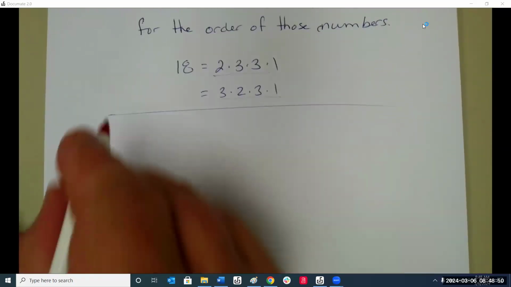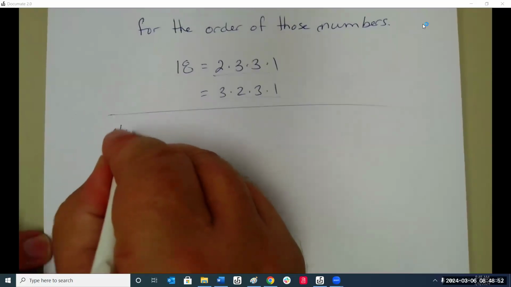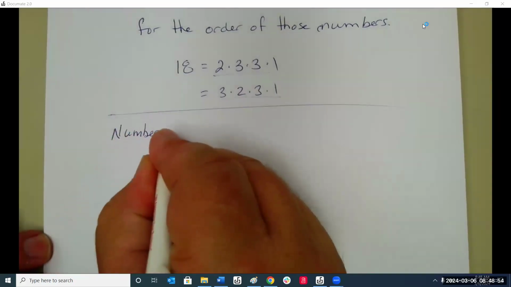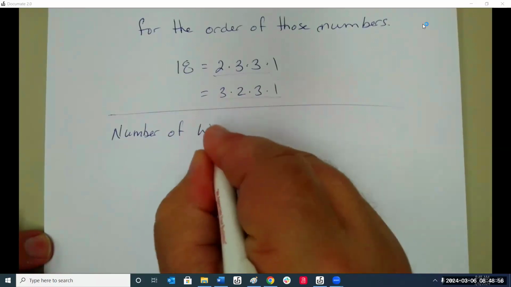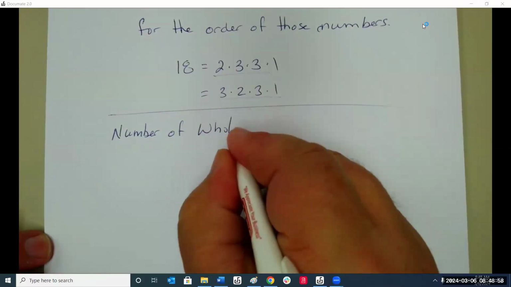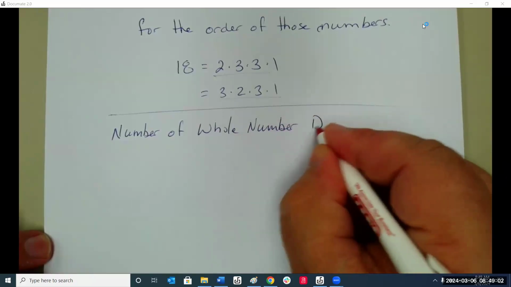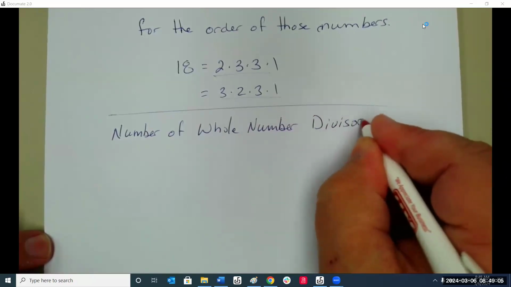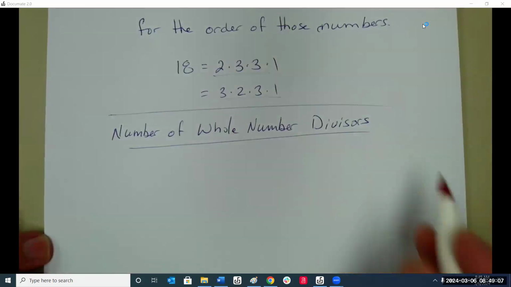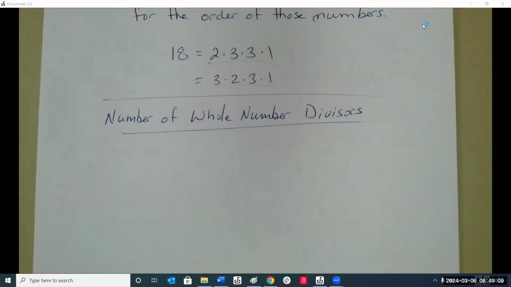All right, let's take the next part. The number of whole number divisors. So what does that mean? What do you think this topic is about? Number of whole number divisors.